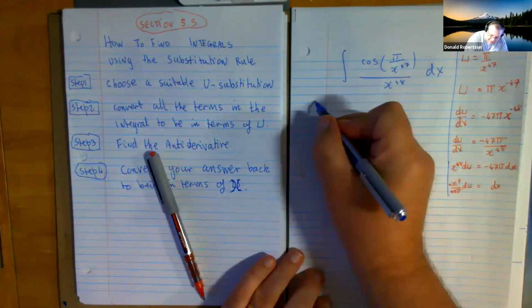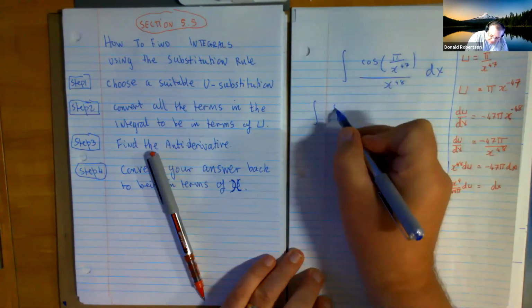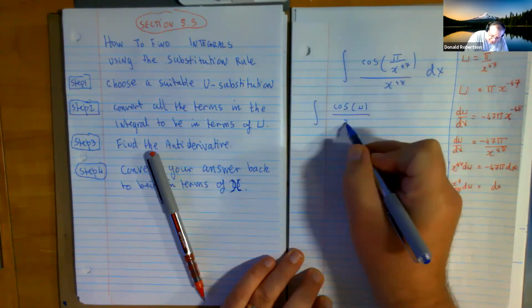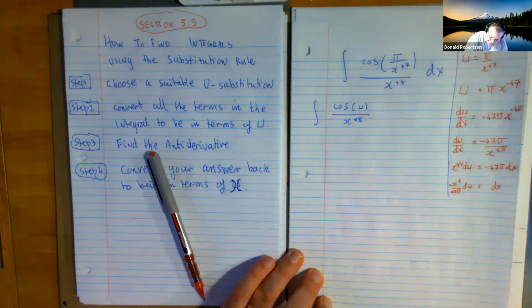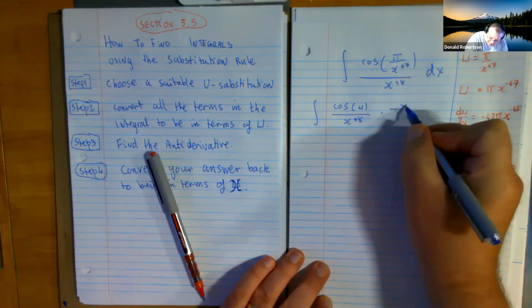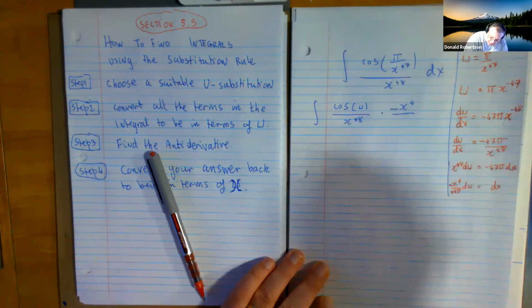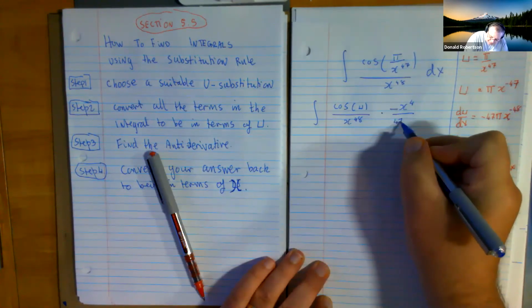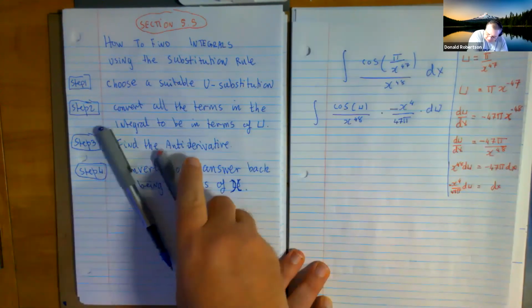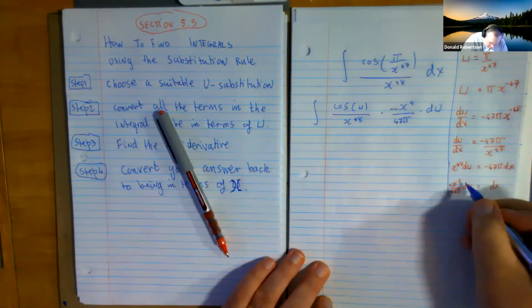Over here now, the cosine of ugly guy becomes the cosine of u. The x to the 48, I'll leave that alone for a minute. The dx is going to be replaced by a negative x to the 48 over 47 pi du.